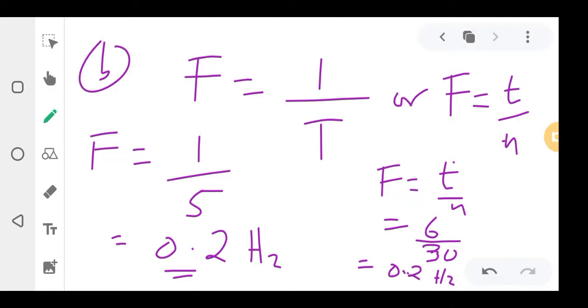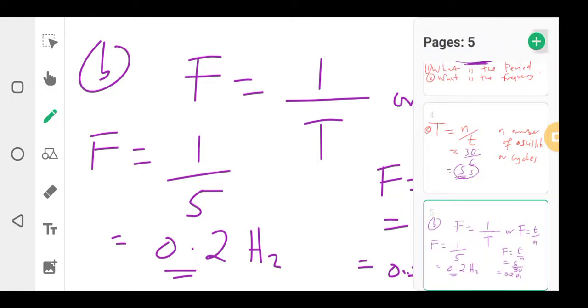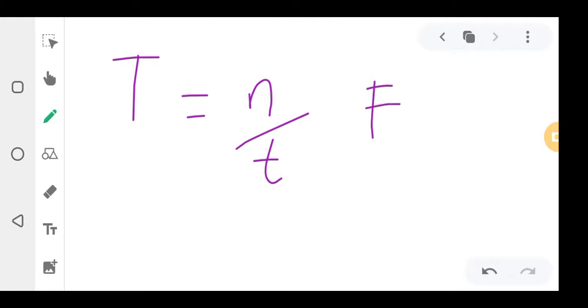I just wanted you to know that the formula for frequency is the opposite of the formula for period. Let me remind you, the formula for periodic time is number of oscillations over time. For frequency, it is the same formula but upside down. The T goes on top and the N goes down.